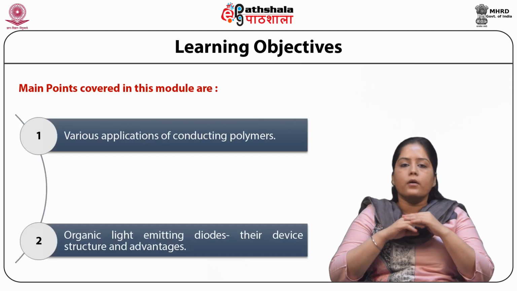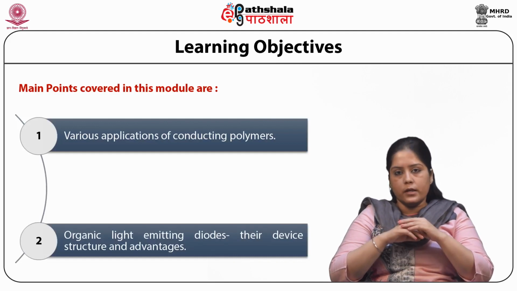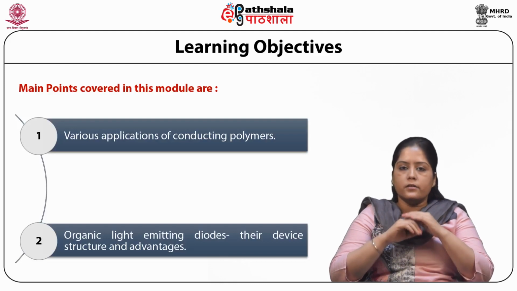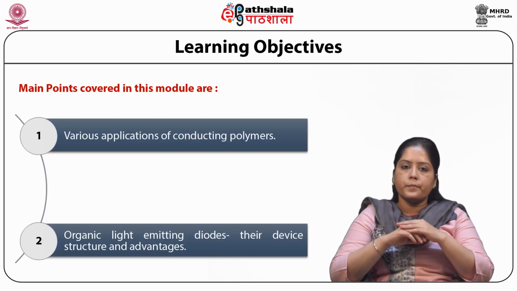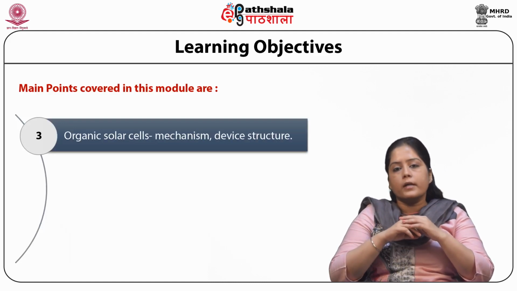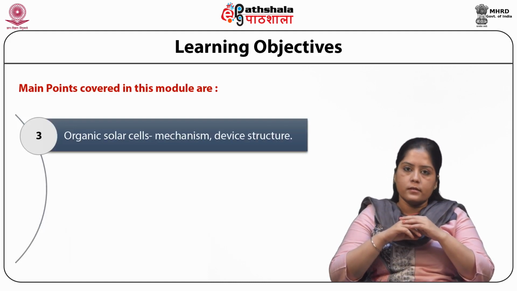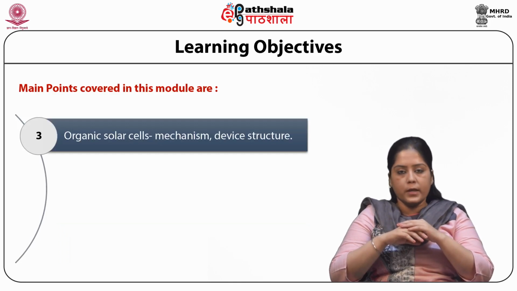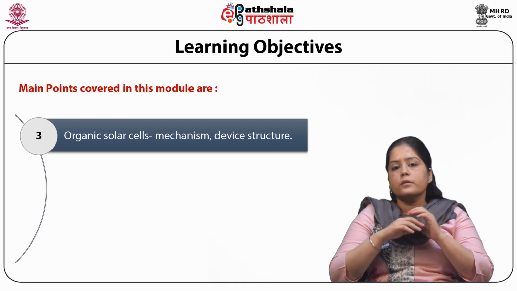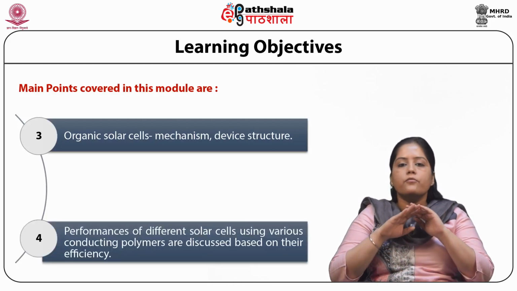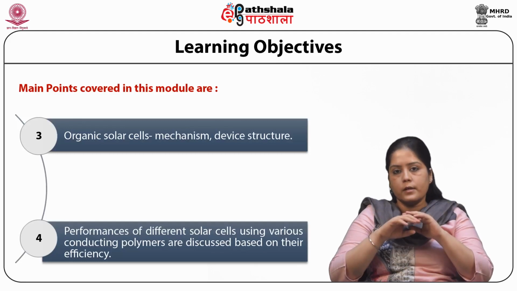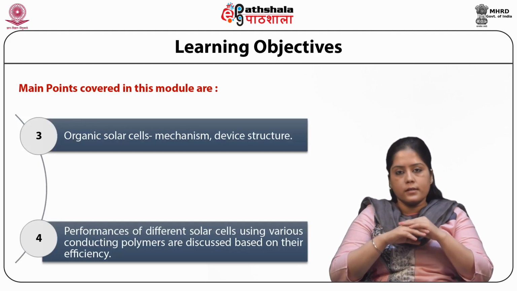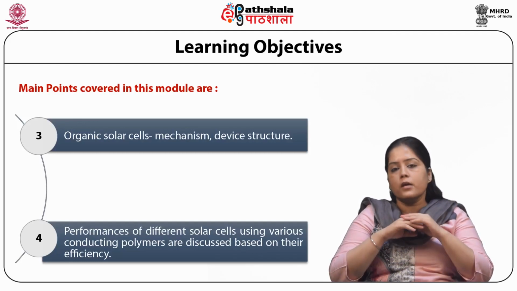Second, organic light emitting diodes, their device structure and their advantages will be discussed. Third, organic solar cells, whose mechanism and the device structure will be explained. Fourth, the performances of different solar cells using various conducting polymers are discussed based on their efficiency.